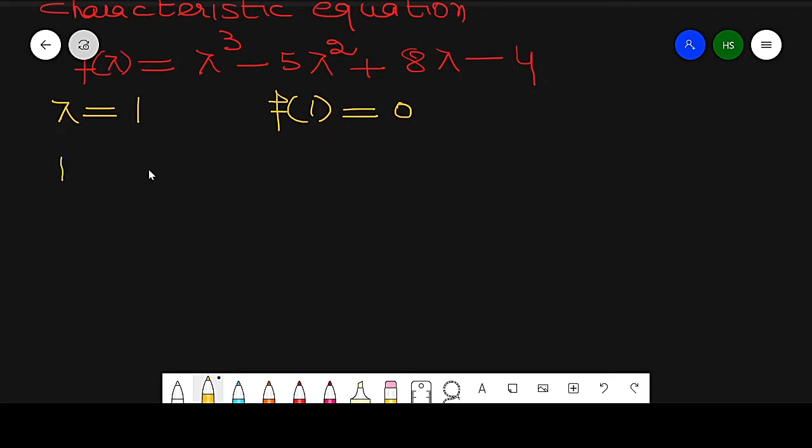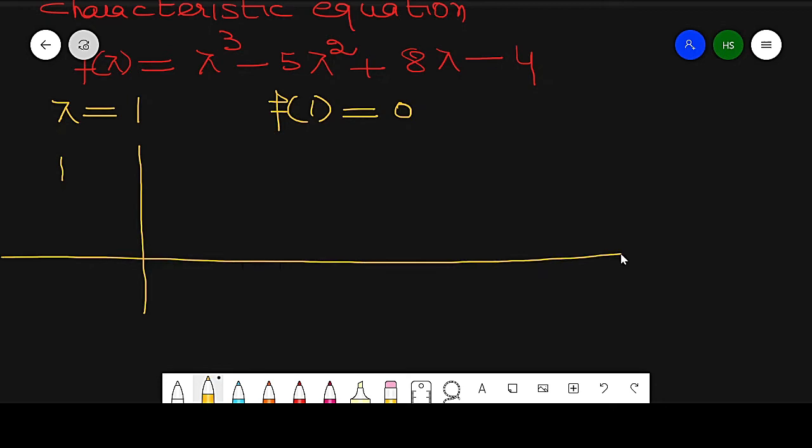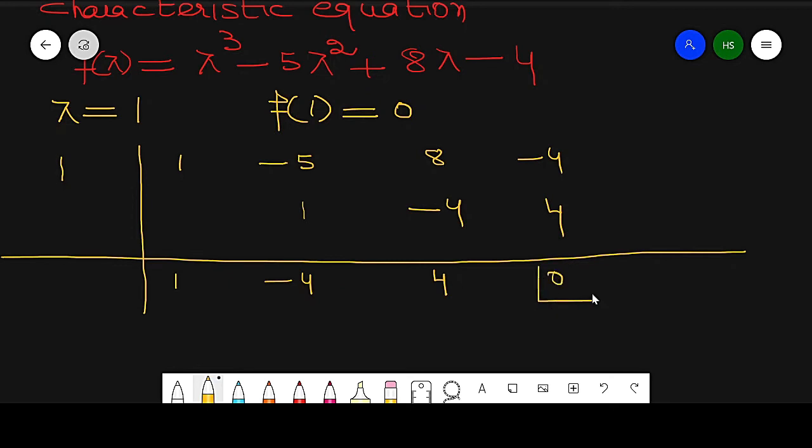Then we find the other two roots by the synthetic method of Horner division with coefficients 1, minus 5, 8 and minus 4. 1 into 1 is 1, 1 minus 4 is minus 4, then 4, then 4, and the remainder is 0.